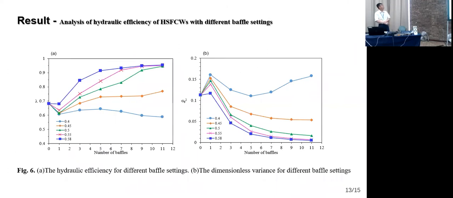And as I mentioned before, there are some indicators to evaluate the hydraulic performance of constructed wetlands: the hydraulic efficiency and the variance. We can see from the picture A shows a gradually rising trend, except the case with the 0.4 meters baffle.